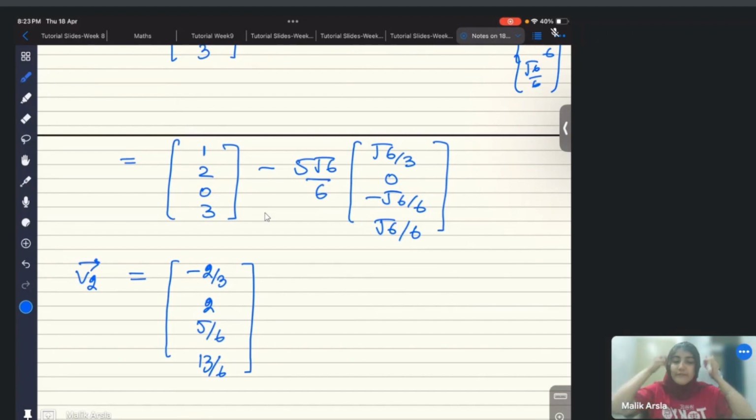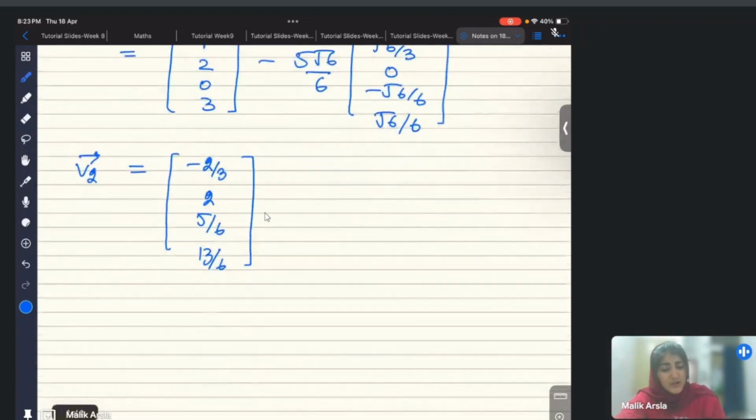Now we need to normalize it also. We have to make a unit vector out of it. So that is v2 upon magnitude of v2.